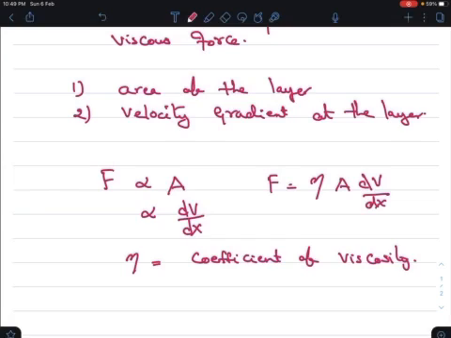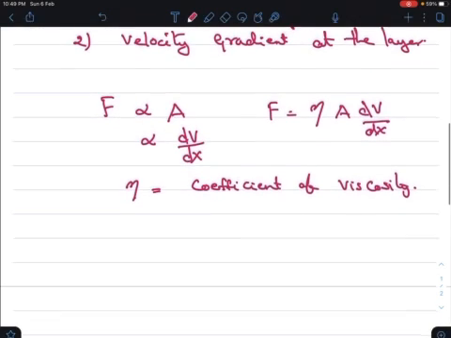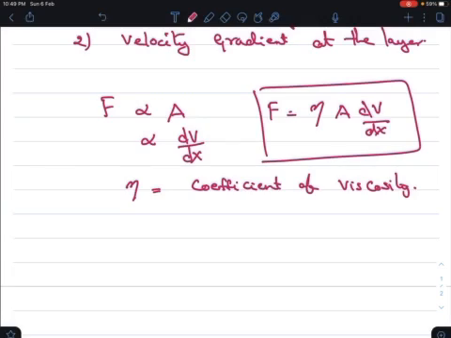Now to define the coefficient of viscosity, we take this equation and substitute area A equal to 1 and dV by dx equal to 1. Then what will we get? F will be equal to eta.